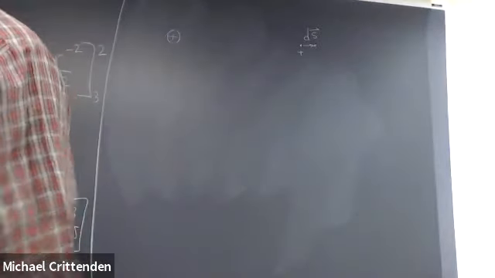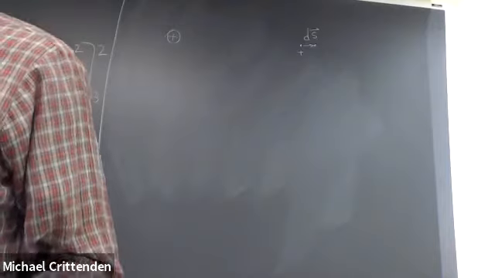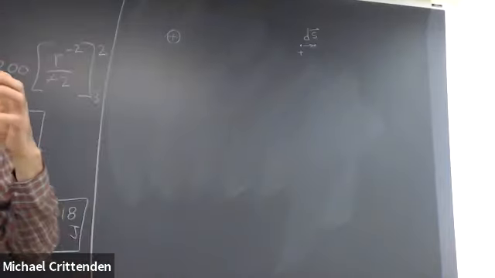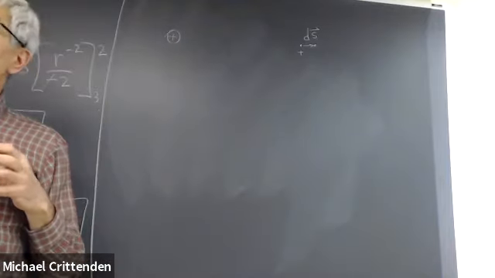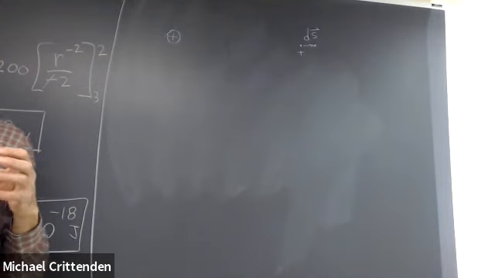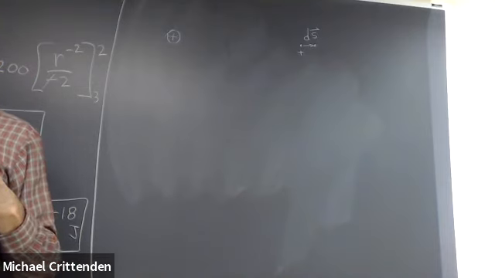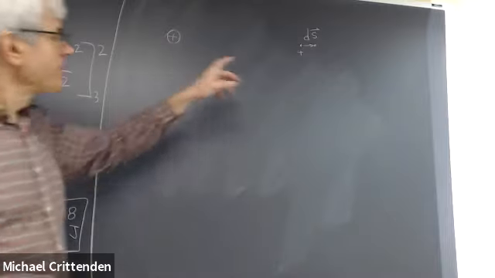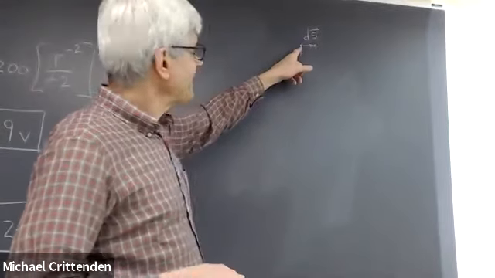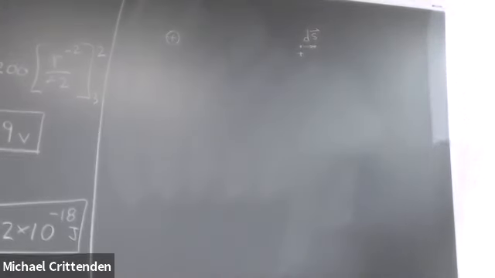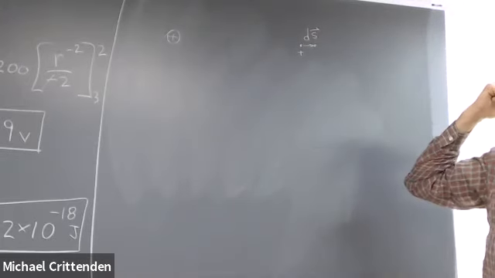The way this works is that if you have an attractive force, the potential energy will be negative, because if this is attracting that, you've got to pull it away to get it out to infinity.